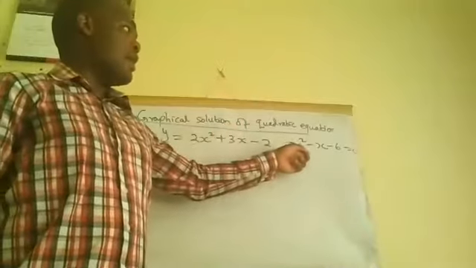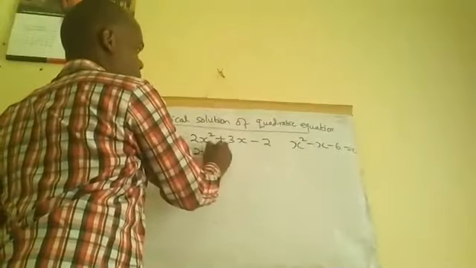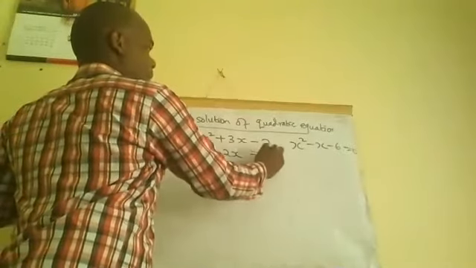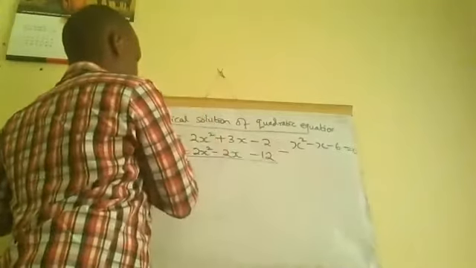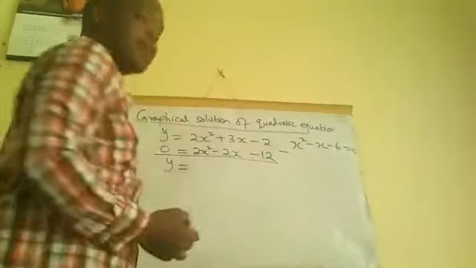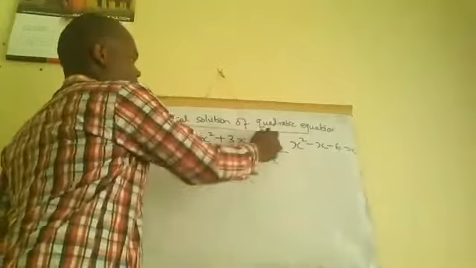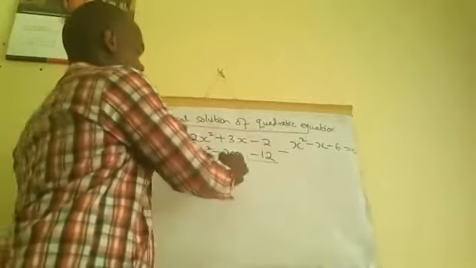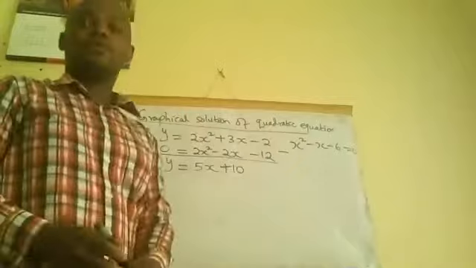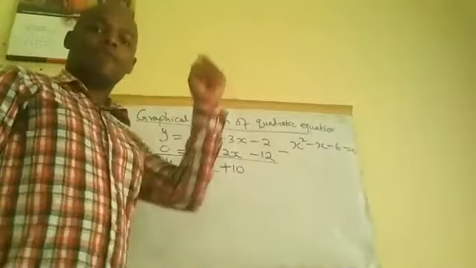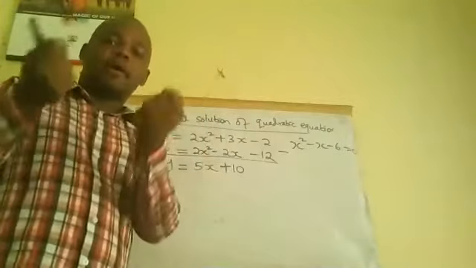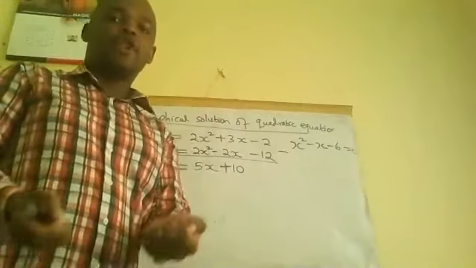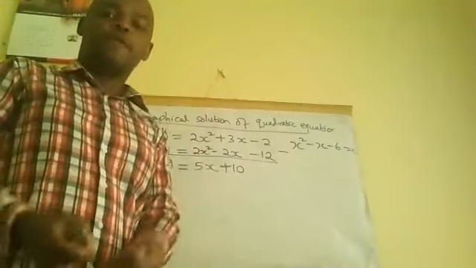So I multiply by 2 to get 2x squared minus 2x minus 12 equals 0. Then after that, I subtract. Then I get y equals 3 minus minus 2 is 5x. Negative 2 minus negative 10, it's plus 10. So this is the line that I'm going to draw on the curve. Then where the line and the curve intersect, you read the values of x.